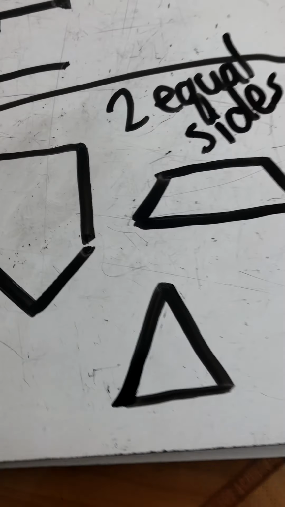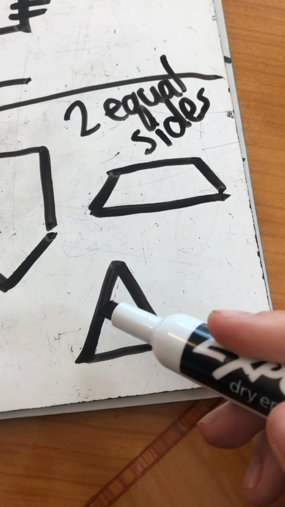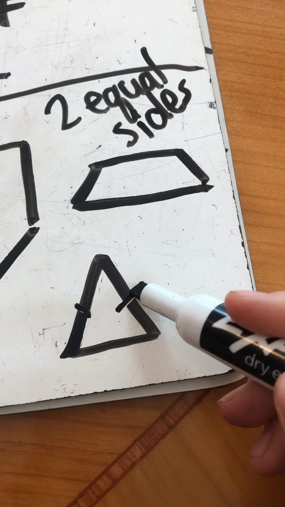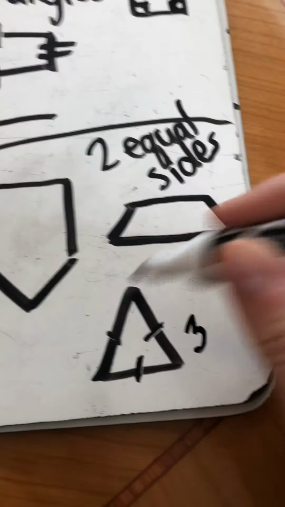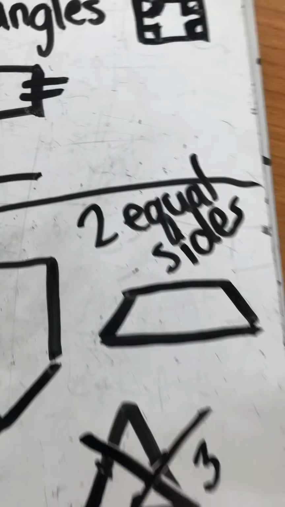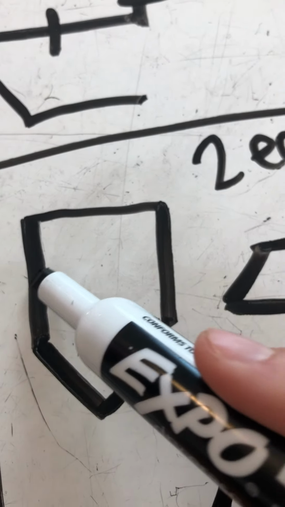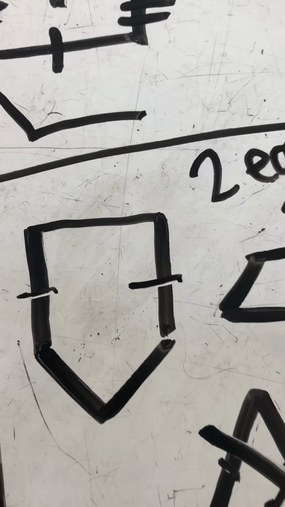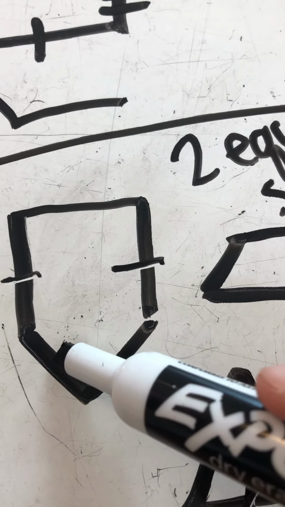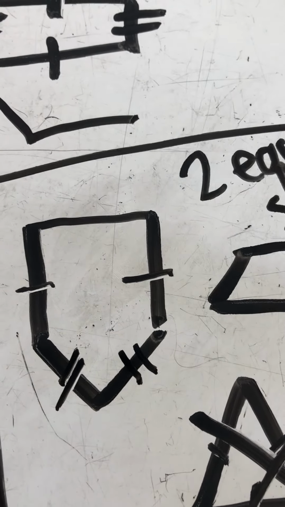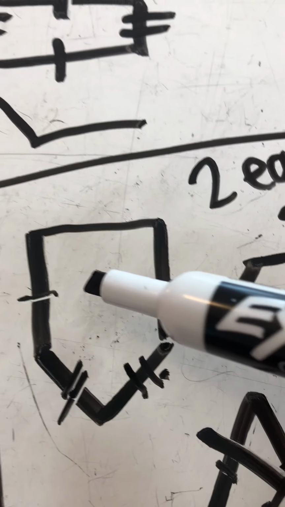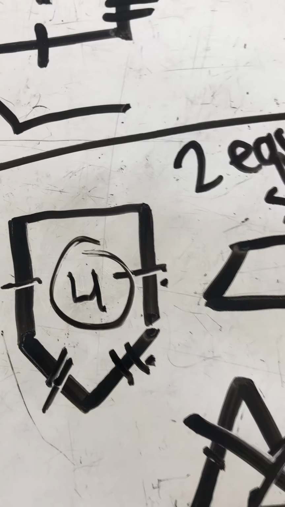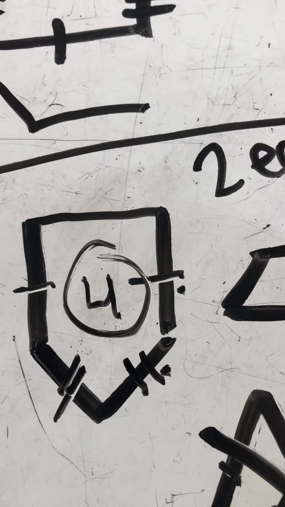Let's take a look at this shape. Okay, these all look the same to me. So that would be 3 equal sides. They're only looking for 2. Let's look at this one. This guy and this guy look the same. This guy and this guy look the same. But that would be 1, 2, 3, 4. 4 different lines that are the same.